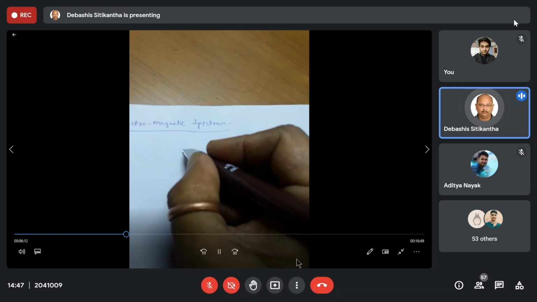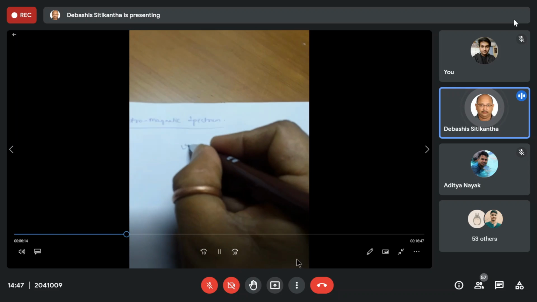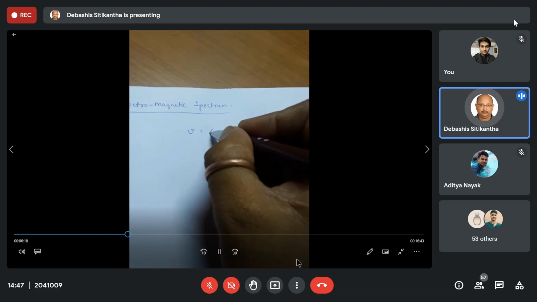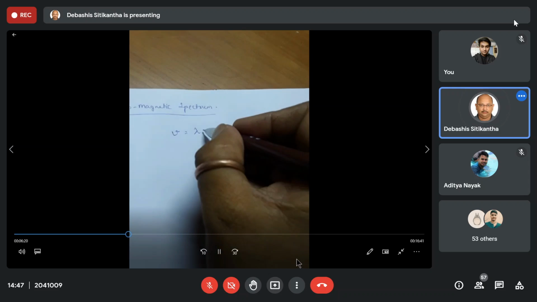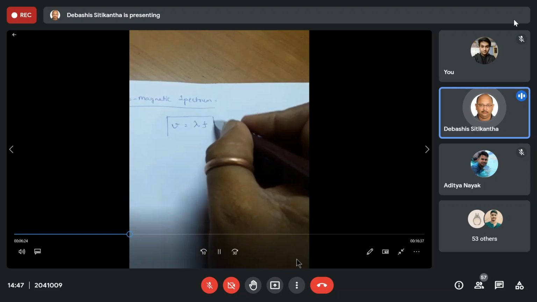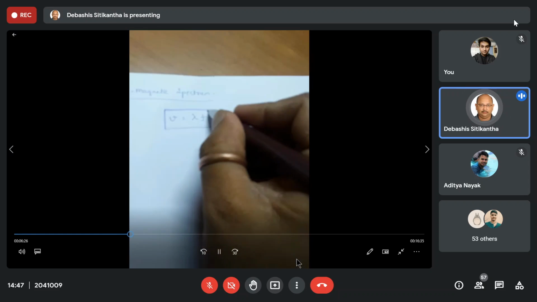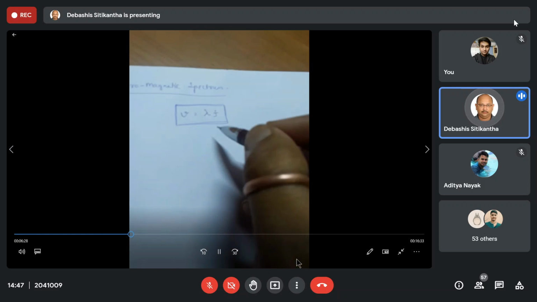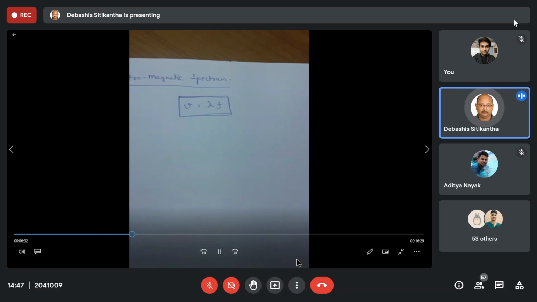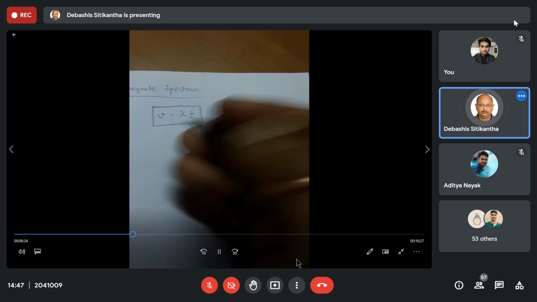What is that formula? The formula says the velocity of propagation of the wave is equal to the wavelength lambda times the frequency f. So this is a very, very fundamental equation related to all types of wave, irrespective of whether it is a mechanical wave or an electromagnetic wave.